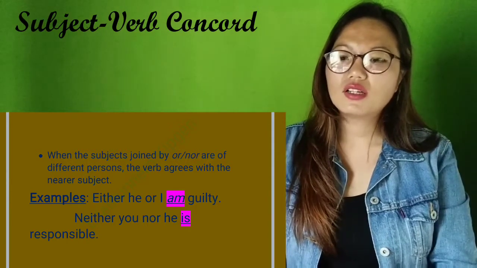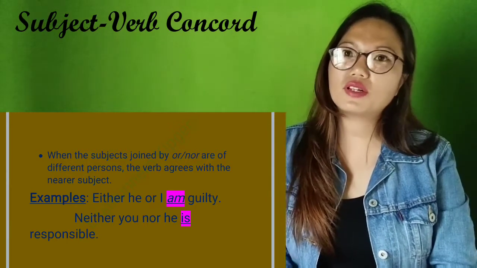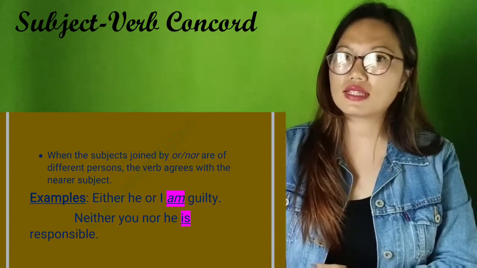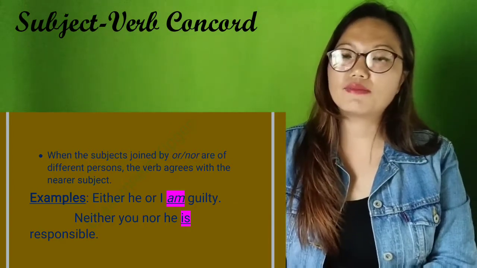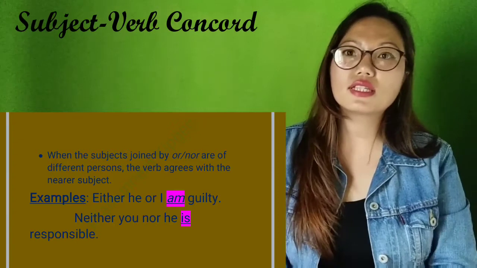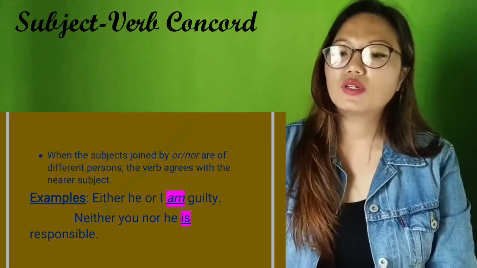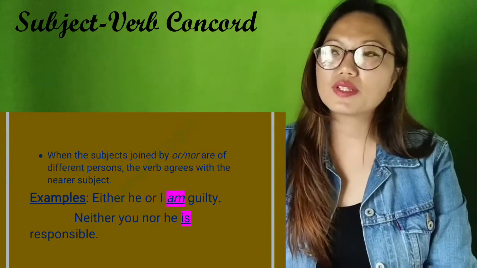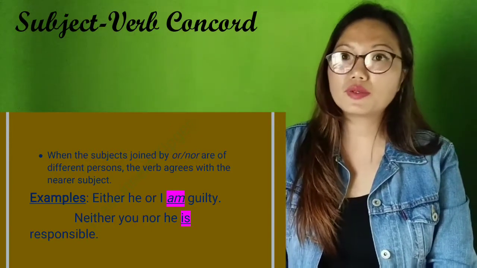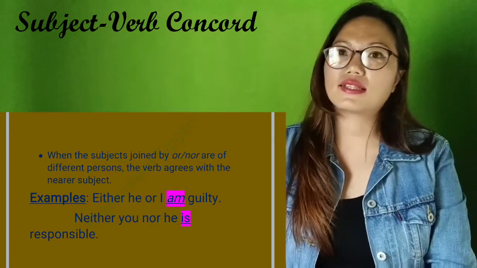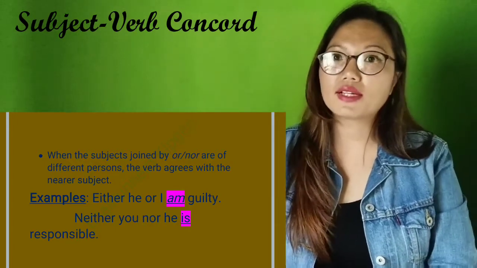But here you is not nearer to the verb, so he, the third person, is nearer to the verb. That is why we are using is. Neither you nor he is responsible. So like this, we are using verbs in a sentence according to the subject-verb agreement.